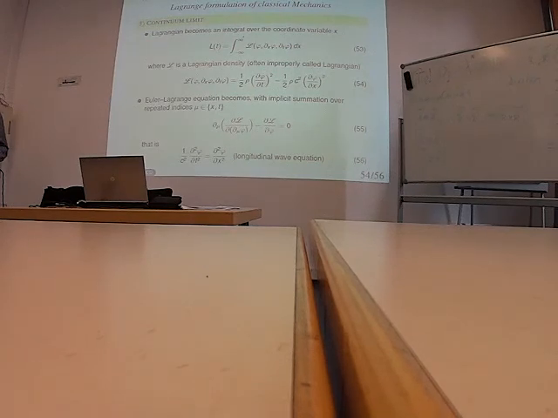Is it clear so far? Mm-hmm. With the steps? So we switched from a discrete description to a continuous one by making this integral. Now the misuse of language is to speak about what is integrated as the Lagrangian.